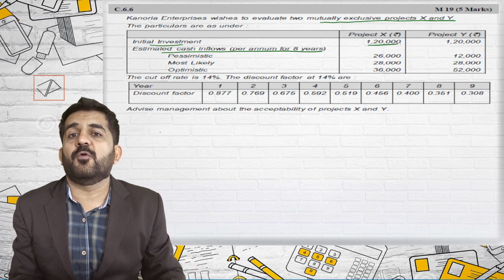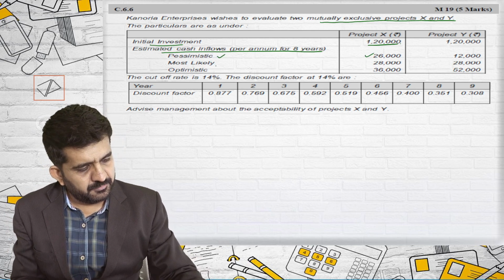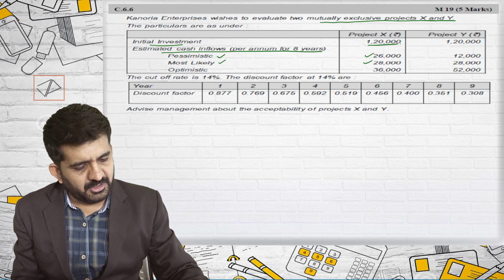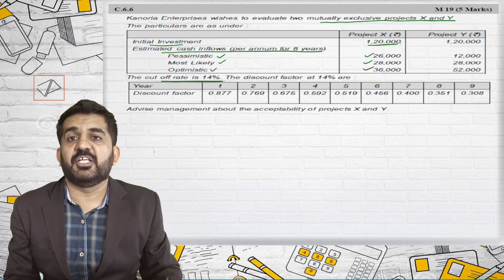Estimated cash inflow for 8 years: pessimistic 26,000, most likely 28,000 and optimistic 36,000. The cutoff rate is 14%.